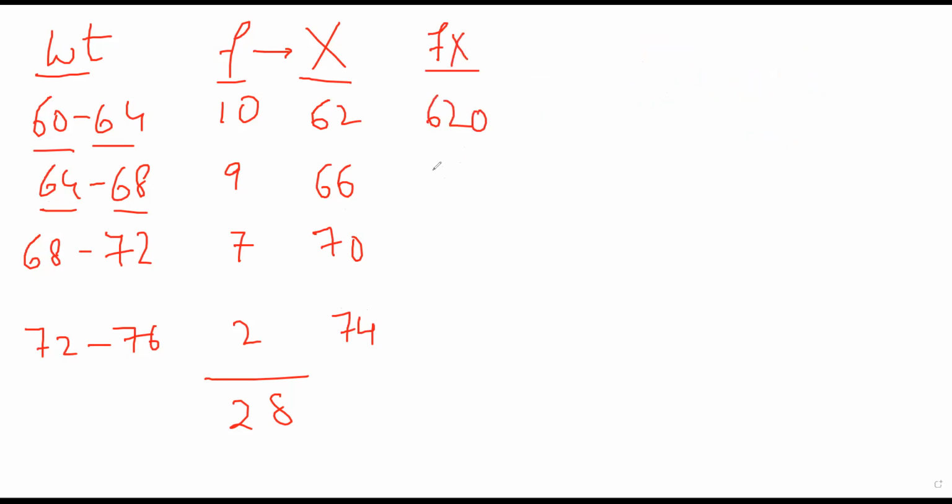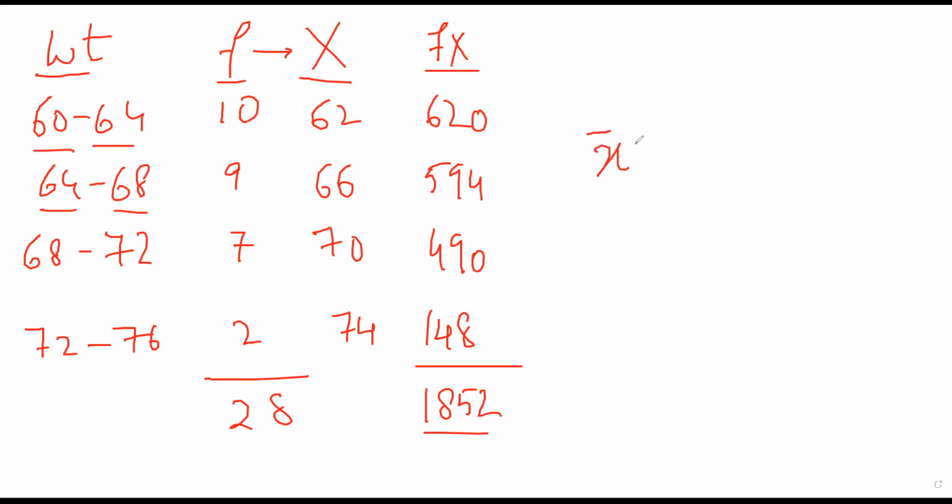620, 594, 490, 148. Okay. Now mean is equal to, you add up all of these values, you will get 1852. Mean X bar is equal to summation of fx divided by summation of f.